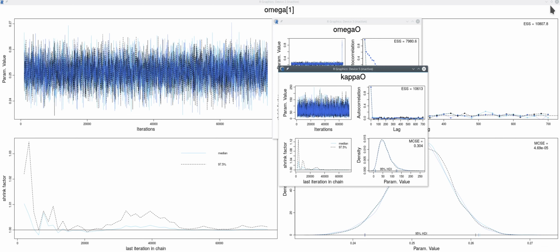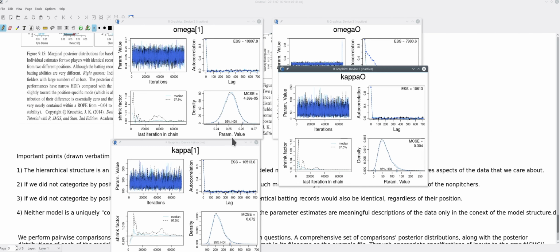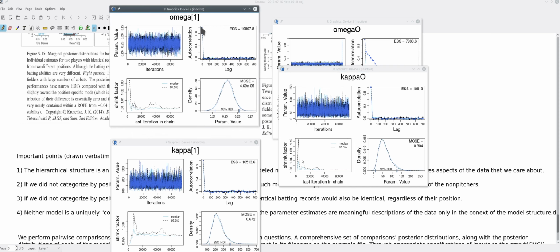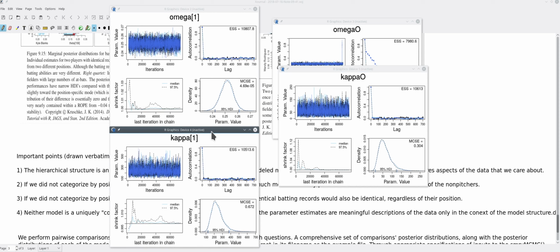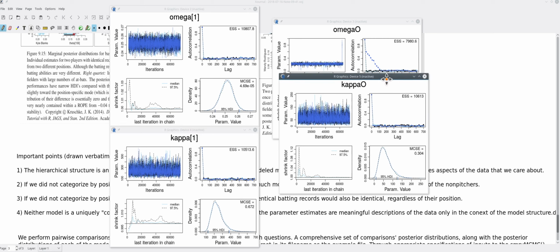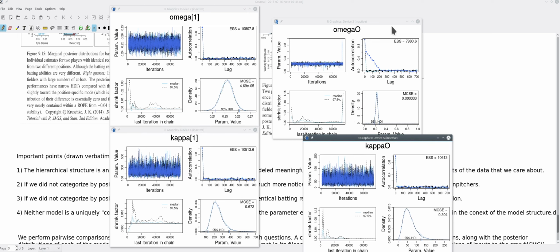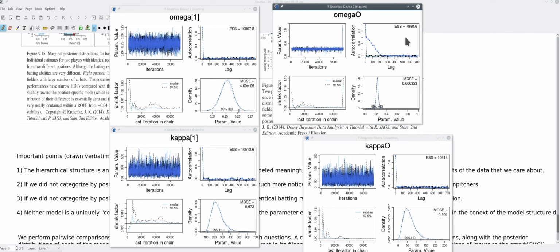So what might help is if we ran our MCMC method for a longer period of time. That is, if we increase the amount of sampling we did from the posterior, that would likely produce less autocorrelated errors, more ESS, and so on.